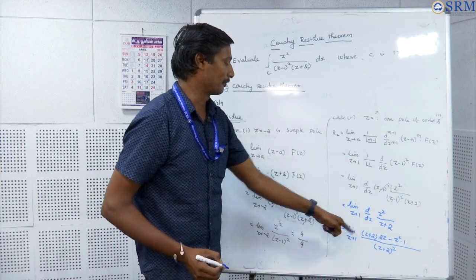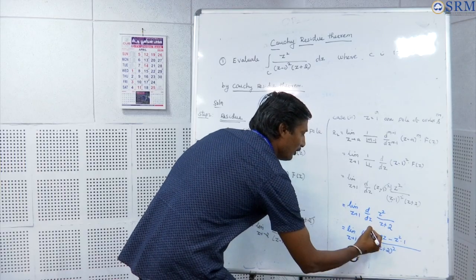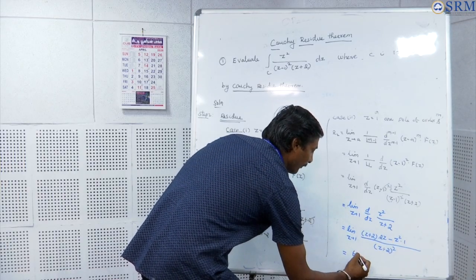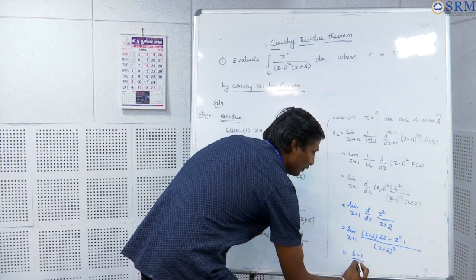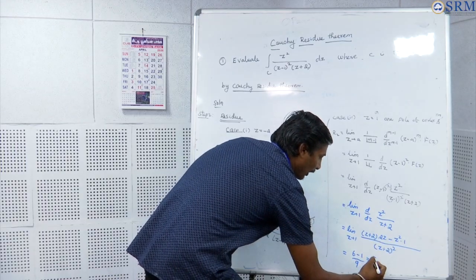Now limit z tends to 1. So what do I get? 1 plus 1 is 2, 3 plus 2 is... 6 minus 1 upon 1 plus 2, 3 square, that is 9. I get 5 by 9.